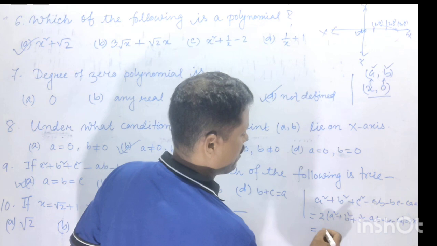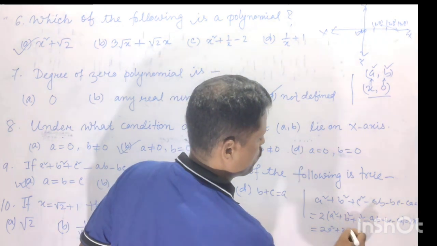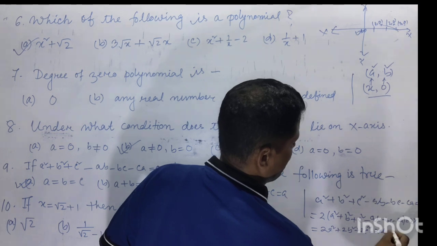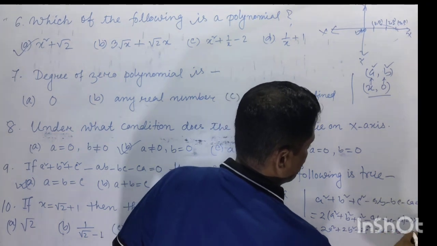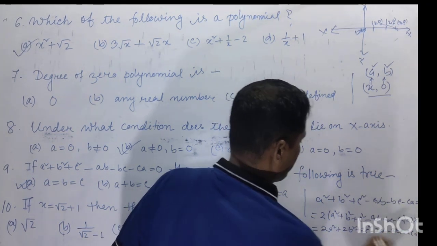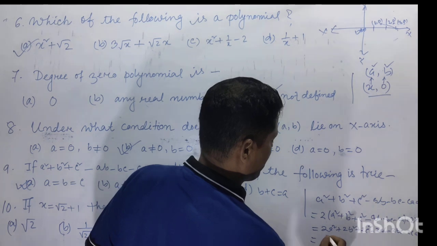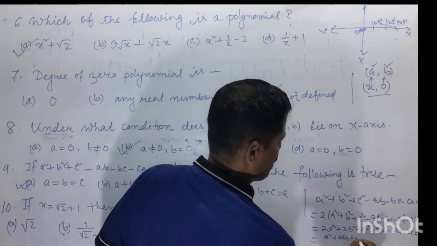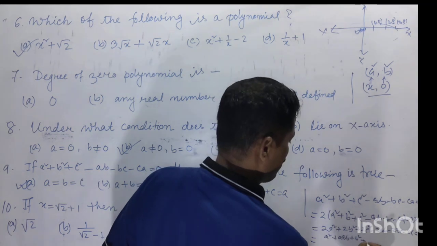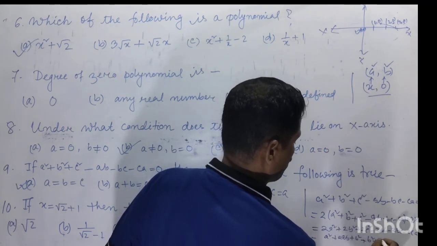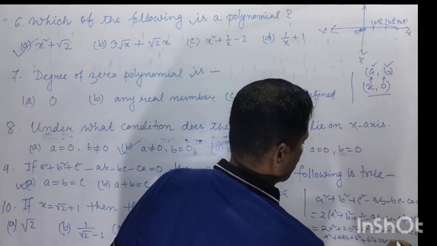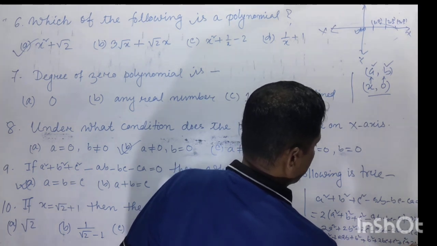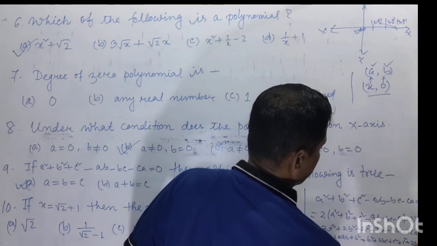So here we will have 2a square plus 2b square plus 2c square minus 2ab minus 2bc minus 2ca is equal to 0. This means we can write a square minus 2ab plus b square, and again b square minus 2bc plus c square, and again c square minus 2ca plus a square is equal to 0.